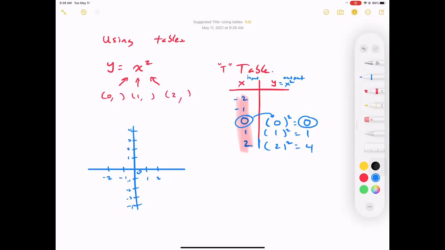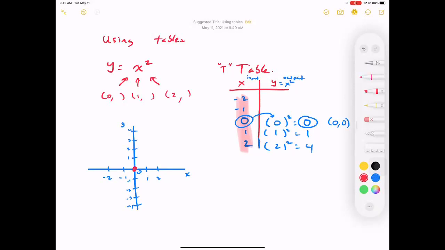You can see that I'm just creating a simple table, and then I'm also doing a simple x and y chart here. So all these skills we've developed over the last year. Let's go ahead and plot our first point. If x is 0, y is 0. I'll put a dot at 0, 0.